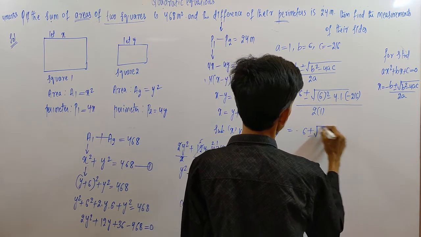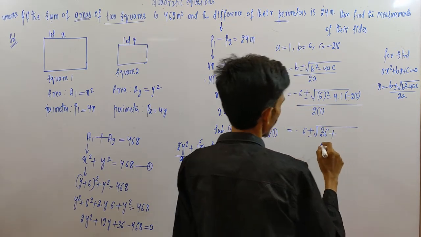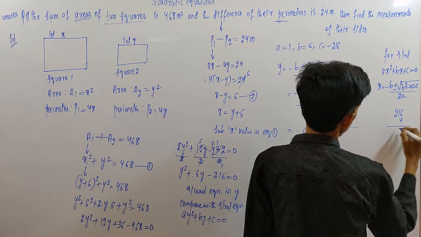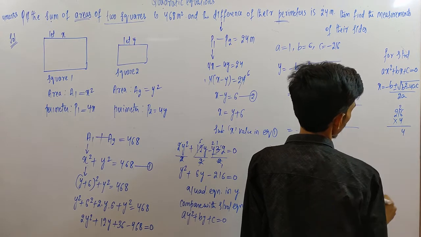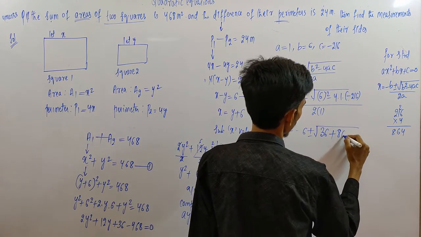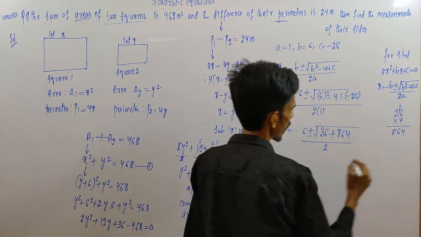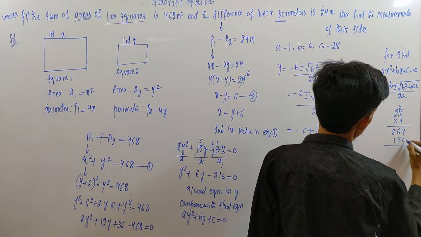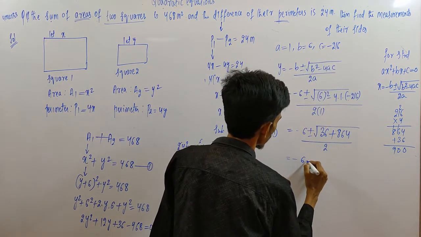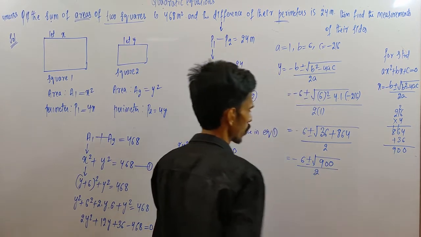Minus 6 plus or minus root over 36 plus 216 into 4, we have 864, divided by 2. 864 plus 36, we have 900, so it will become minus 6 plus or minus root 900 divided by 2.